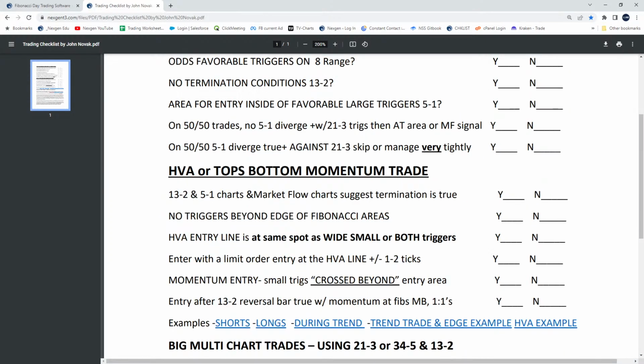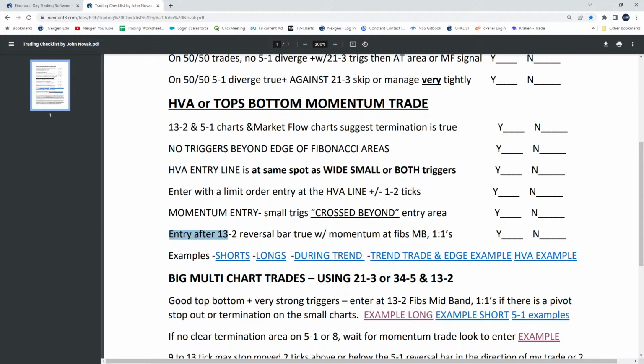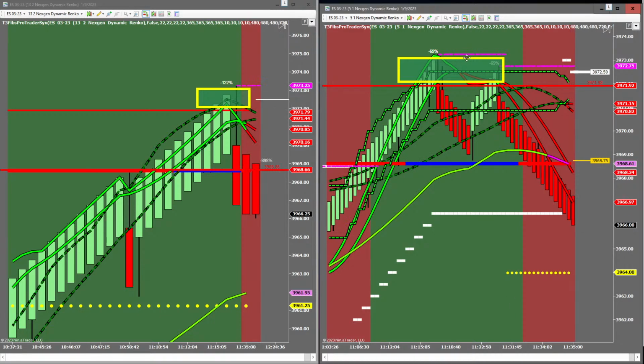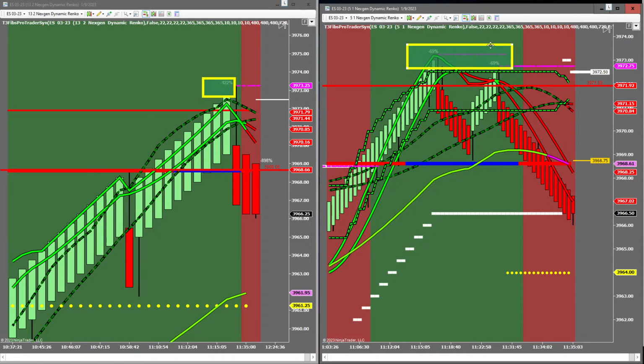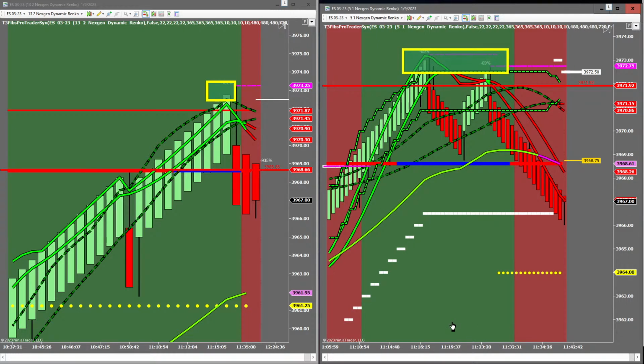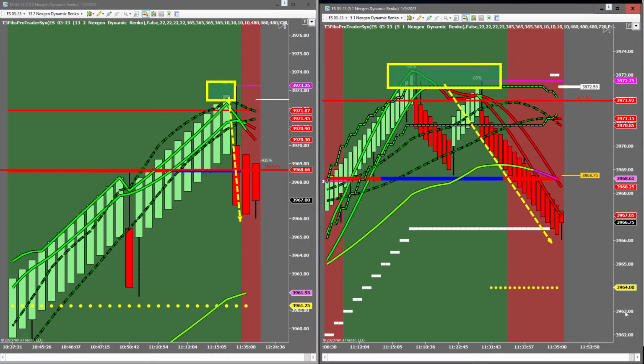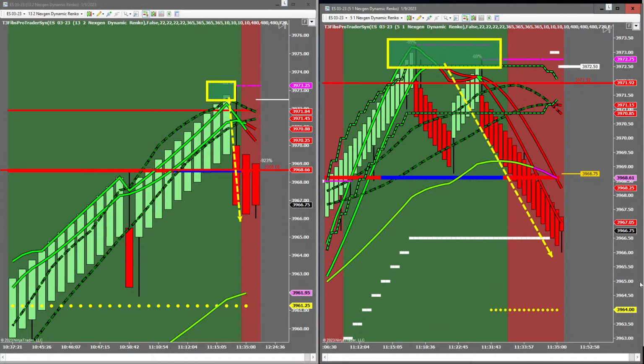Just for grins and giggles, at least a 13.2 down bar and the small triggers hauling ass beyond the entry area. So I would say this is divergence from the edge of fibs. What do you guys think? And then did we make 13.2 down bars? The answer is, say it out loud if you know it.